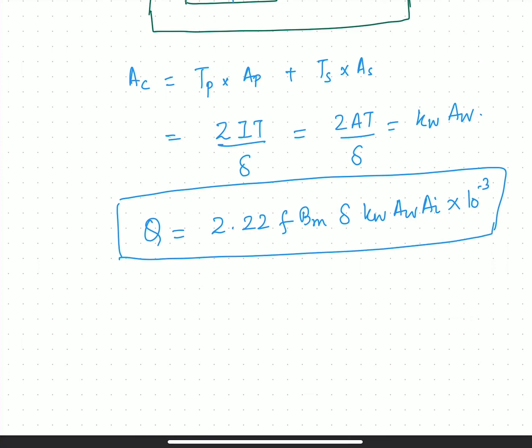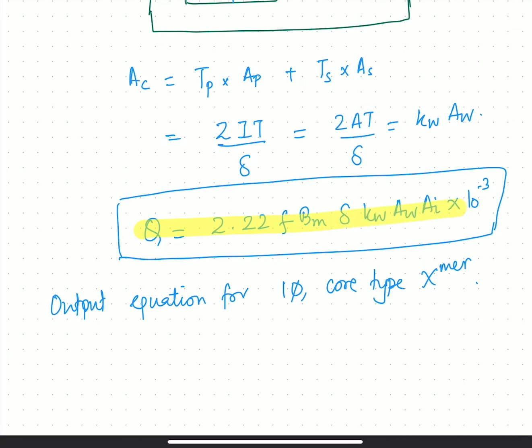So the same equation holds for the output equation for a single phase core type transformer. Okay, so this is the output equation for the single phase core type transformer, shell type transformer.